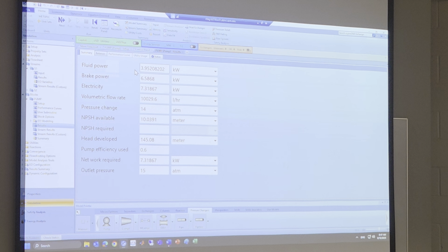The fluid power delivered to the fluid is about 3.95 kilowatt. By design of the pump, the important information here is net work required, about 7.3.